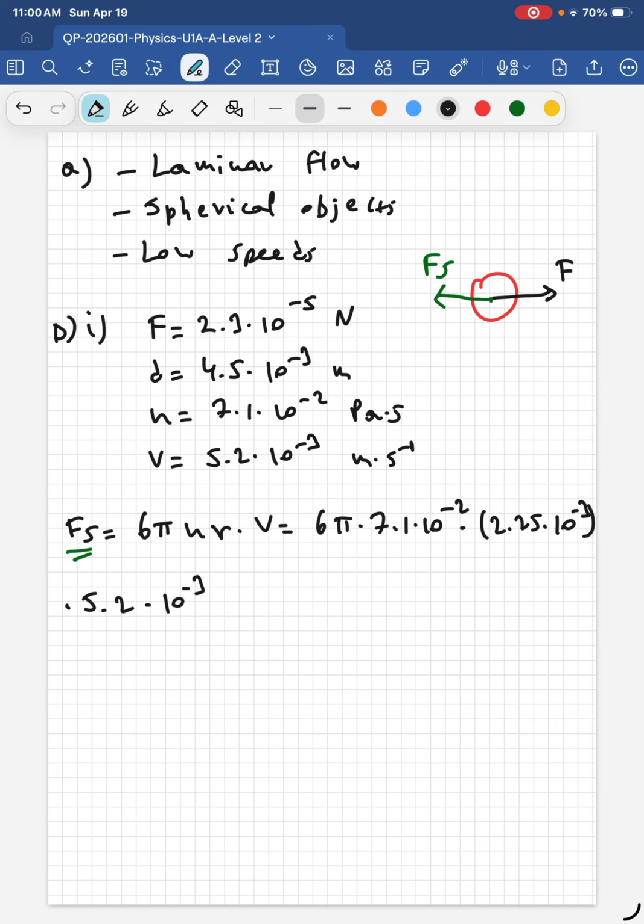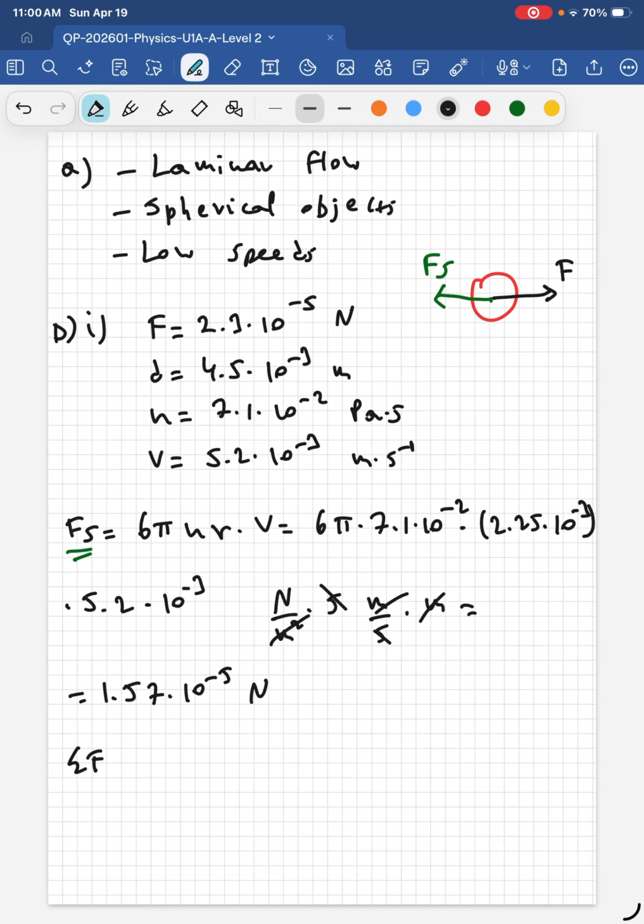Okay, so the units are, for eta we have pascals, which is newtons per meter squared, times seconds. Then we have meters per second from the velocity, and then again meters from the radius. So meters cancel, meters squared cancel, and the seconds cancel, and we are left with 1.57 times 10 to the negative 5 newtons.